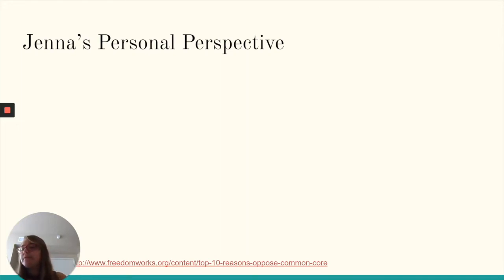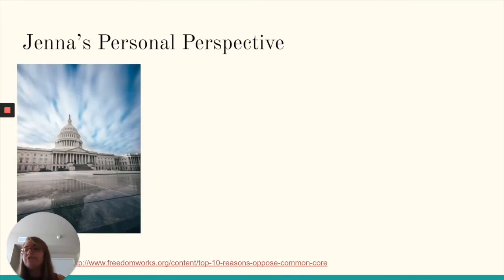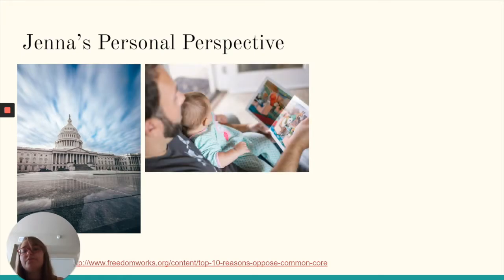So with Common Core, the government takes control of education, which is not in the Constitution and therefore not really constitutional. When the national government takes over education, there is no differentiation for the communities where kids may need to learn different things. Also, when education is in the government's hands, parents have no say in their child's education.